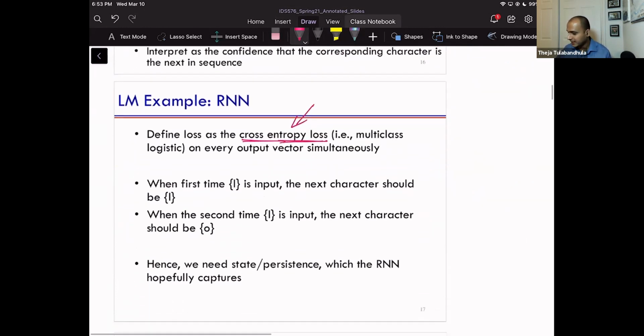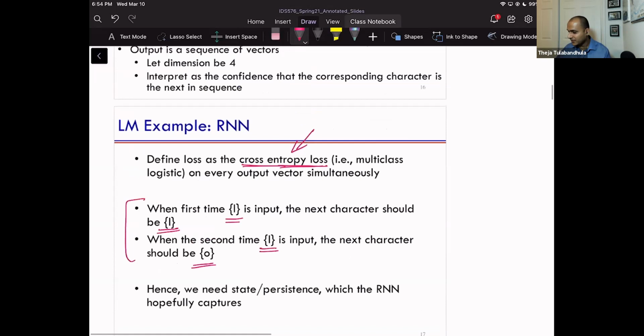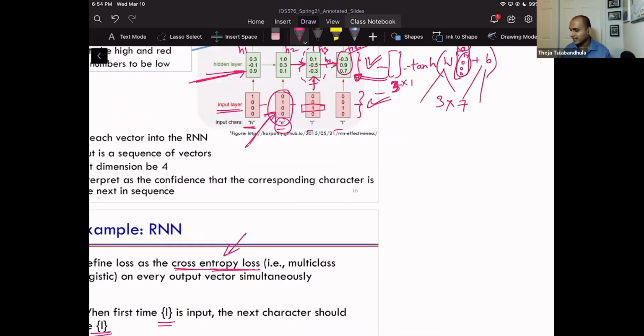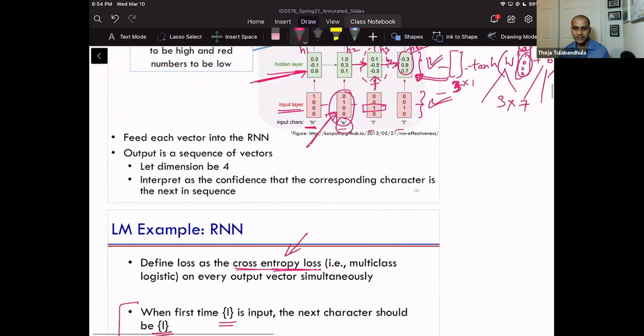But there is already some non-triviality. The first time L is input, you want the next character to be L again, but the second time L is input, you want the next character to be O. How can the network do that? It can do that by appropriately choosing W and B, hopefully such that the scores reflect that. There's no magic here.